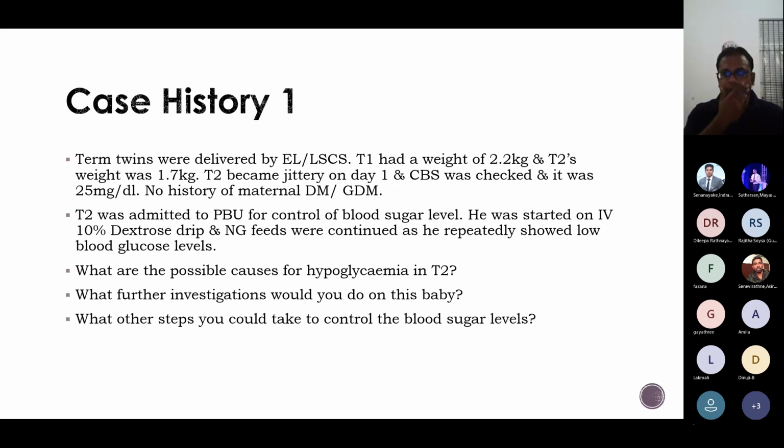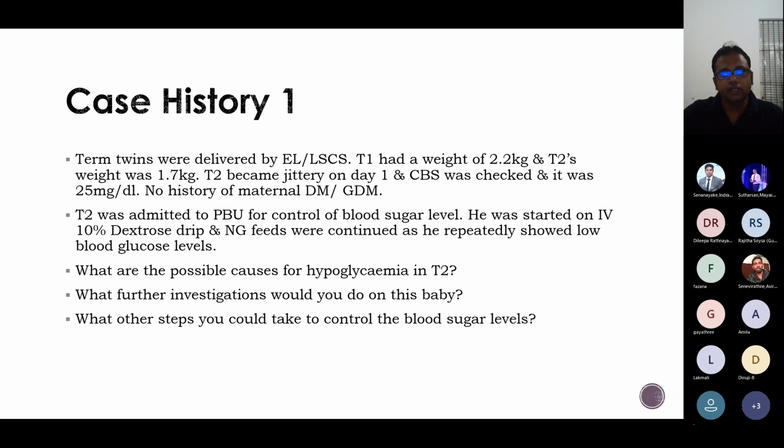So investigations you can divide into two, basically. One related to the hypoglycemia. As you know, if a neonate is having hypoglycemia, we have to confirm that hypoglycemia. In the neonatal units and in the wards, we are usually using the capillary blood sugar monitor, the glucometer.